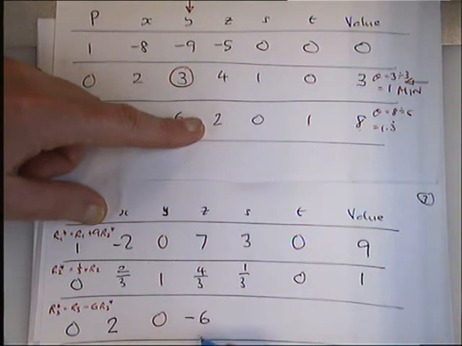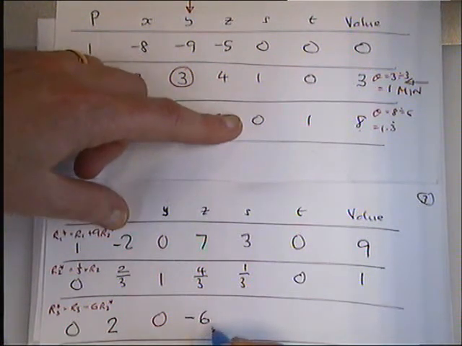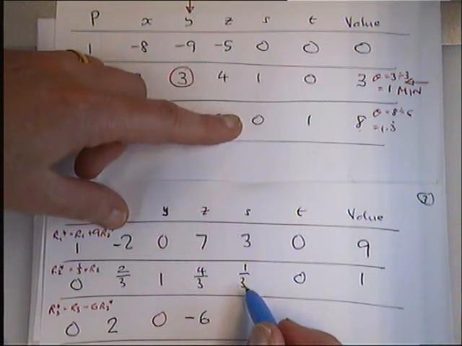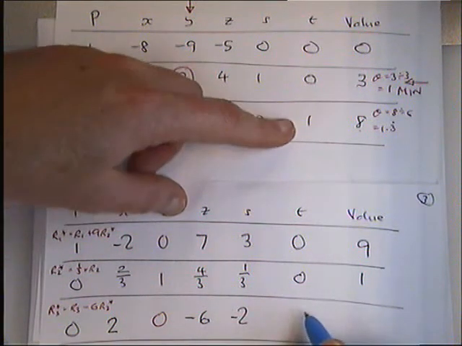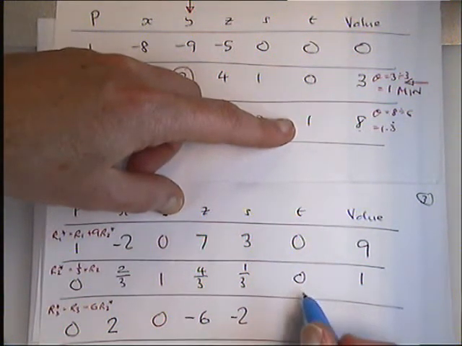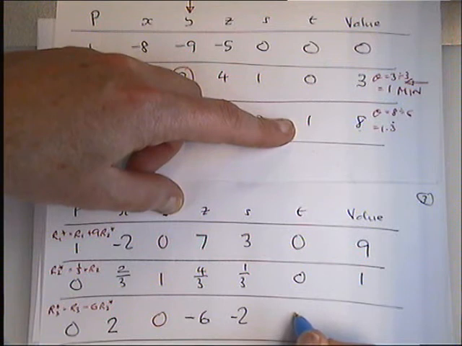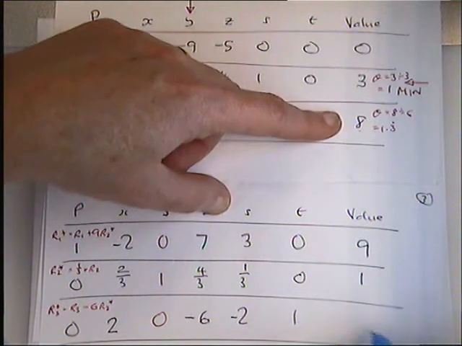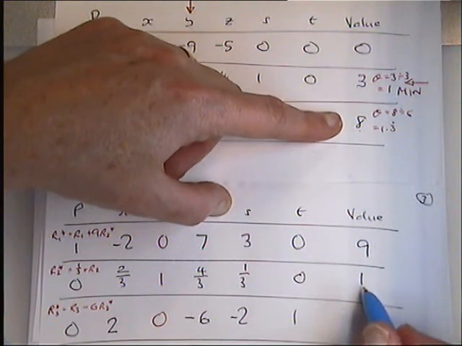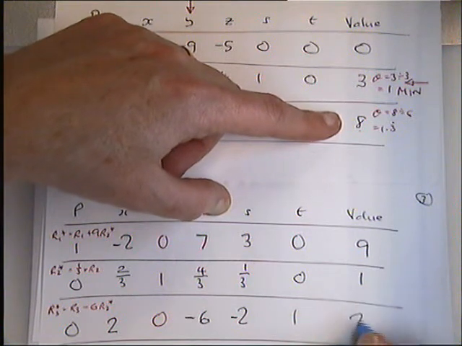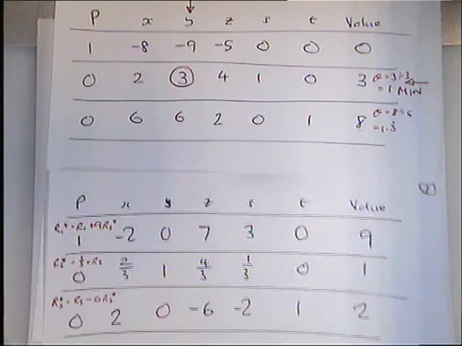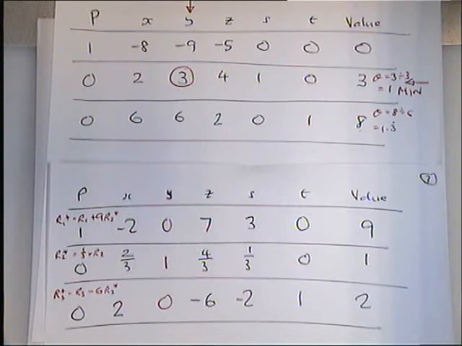Correct, thank you, Harriet. 0, take away 6/3. -2. 1, take away 6 zeros. 1. And 8, take away 6 ones. 2. Okay, and there we've finished that next tableau.